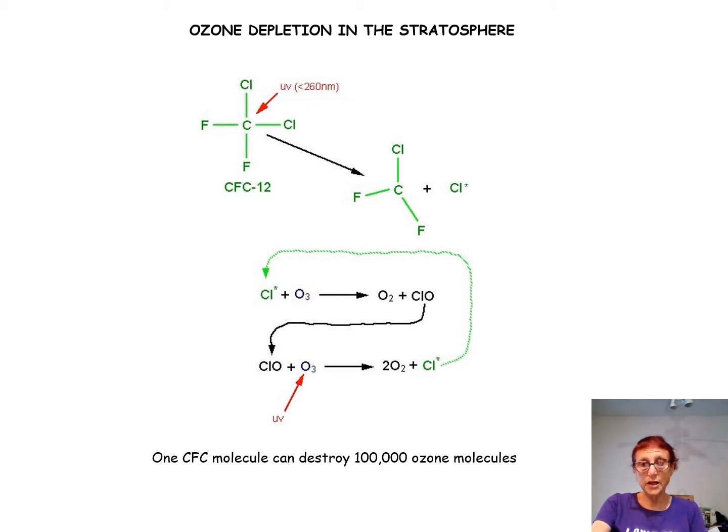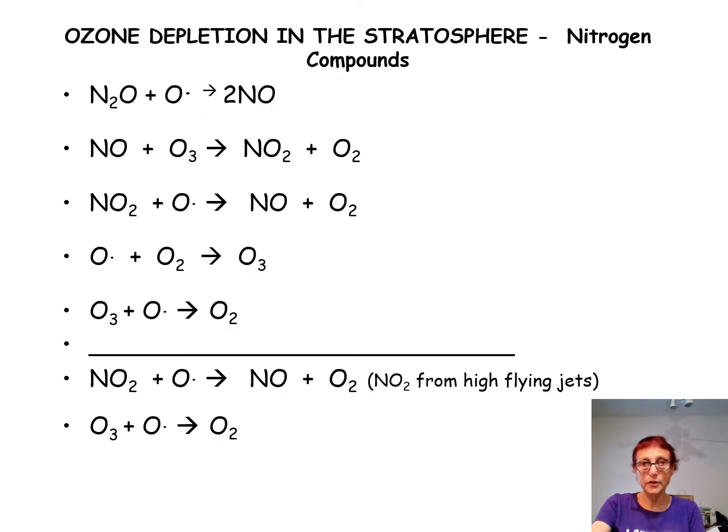So how do nitrogen compounds have an impact on stratospheric ozone? Well, nitrous oxide, if it makes it up, can react with one of those oxygen free radicals and produce nitrogen monoxide. NO can react with ozone to produce NO2 and oxygen.